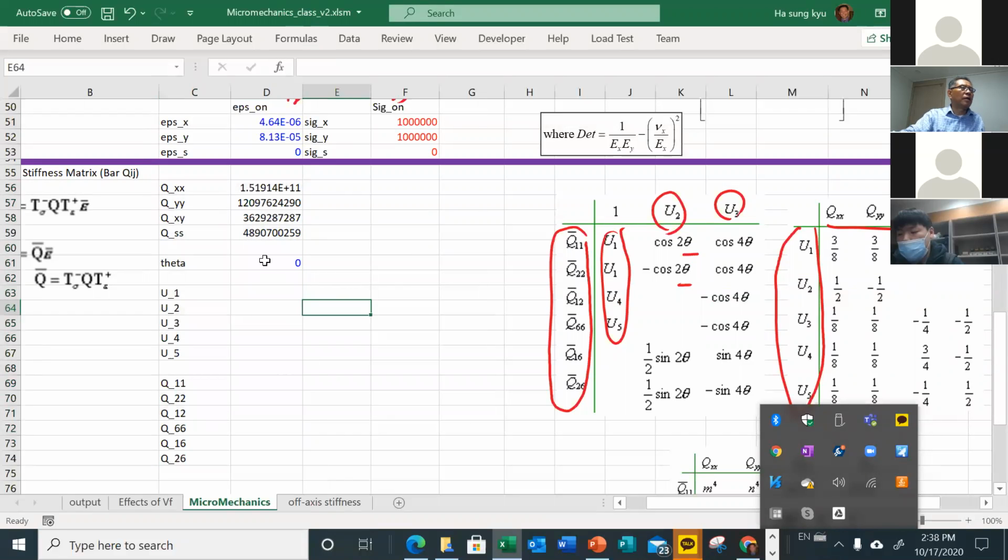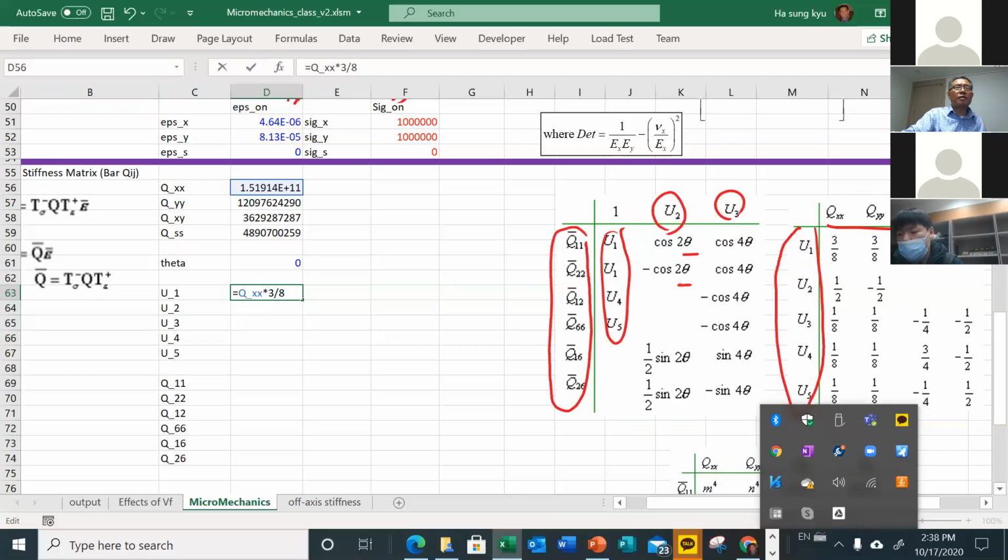Now U1, we can calculate the U1 from this table, and this equals Q11 times 3 divided by 8.